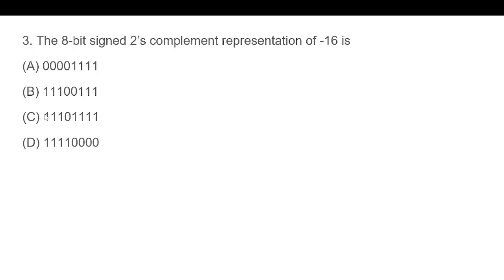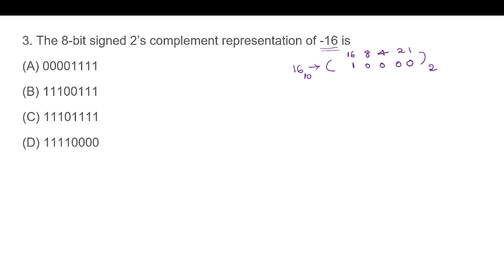And third question, 2's complement representation of minus 16. Now to represent 16, this is a decimal value, base 10. To represent this in base 2 system, we have 8, 4, 2, 1. This will be 15. So I need one more with 16: 1, 0, 0, 0, 0.